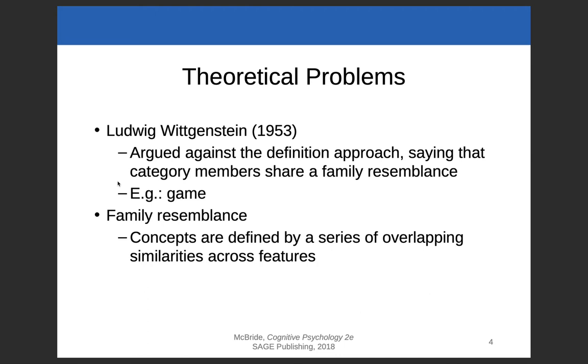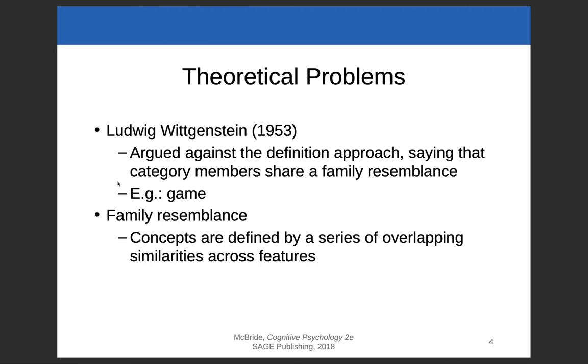What he came up with was this notion of family resemblance, saying that members of a particular category share a family resemblance, which is when you define concepts by a series of overlapping similarities. The example is based upon this notion of family.